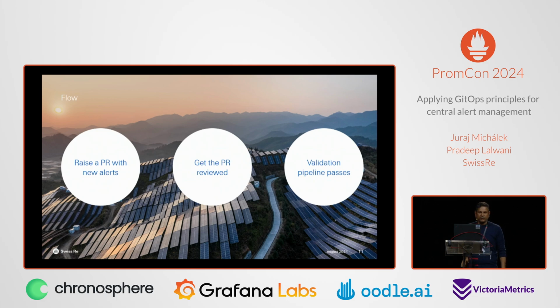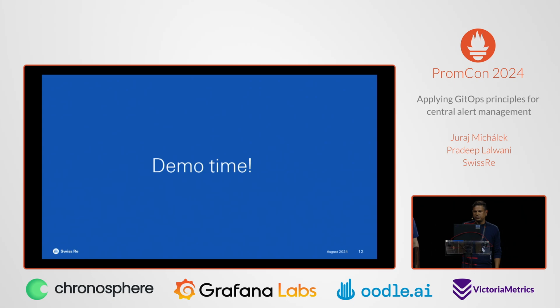If this build pipeline fails, it gives a clear message that the PR has these defects, and then the author can fix them. Then, of course, it goes to PR review, where one of our team members approves the pull request, and then it gets merged.